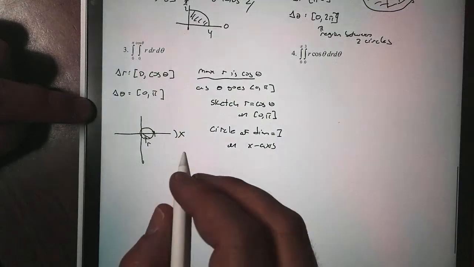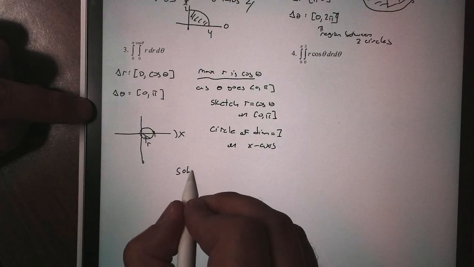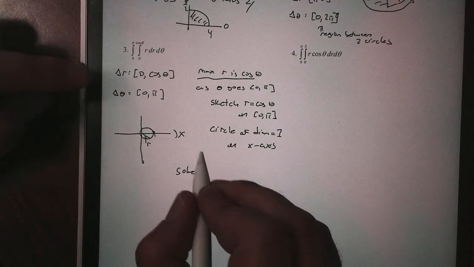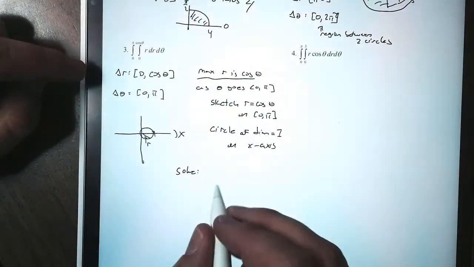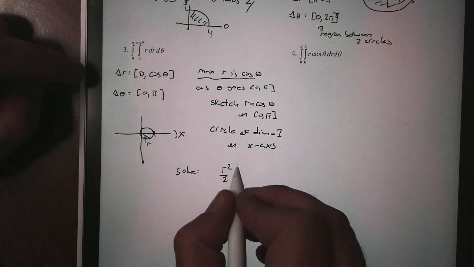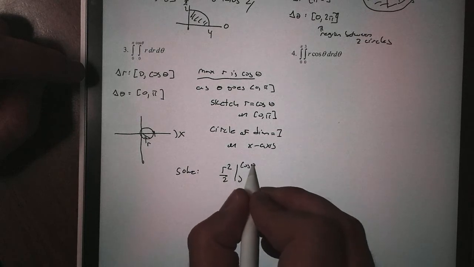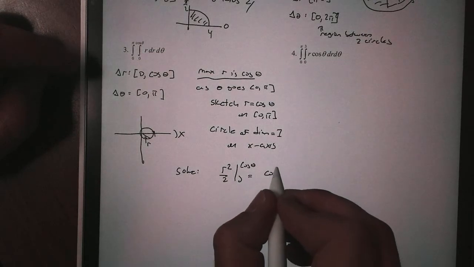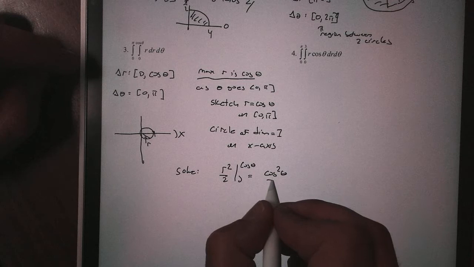We can solve this one. Let's go and solve this one. If I integrate this with respect to r, we would get r squared over 2 from 0 to cosine of theta, which would equal cosine squared theta over 2.